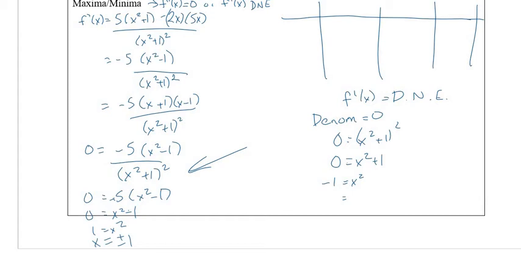Or we square root it, and we get plus or minus square root of -1 is equal to x. But in this case, because we know that that's not a real number, we don't have to worry about it. So not a real number, so we know we're not going to have a critical point.